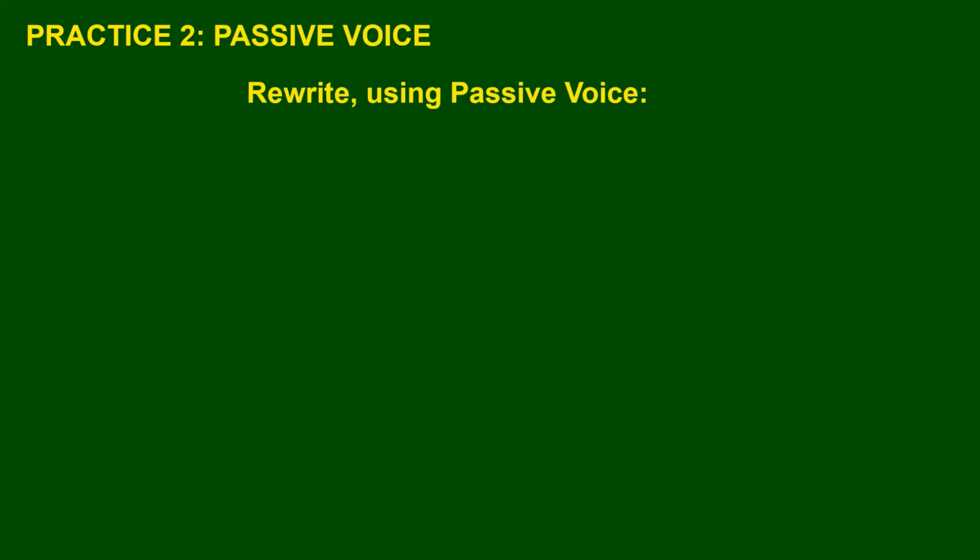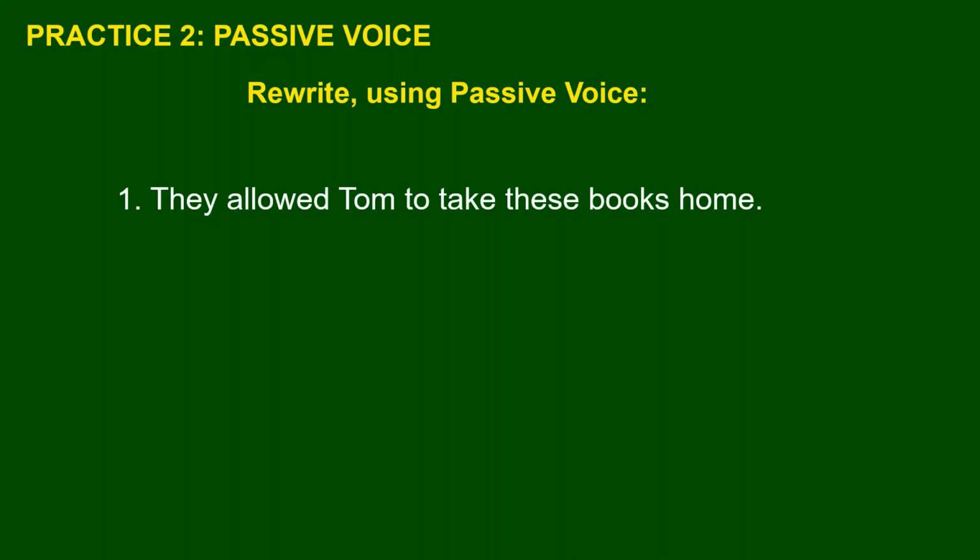Practice 2, passive voice. Rewrite using passive voice. First, the general form of passive voice is S, be, and the past participle, by someone. Okay, so number one, they allowed Tom to take these books home. So we have "they" as a subject. "Allowed" is the verb in past simple and Tom is the object.